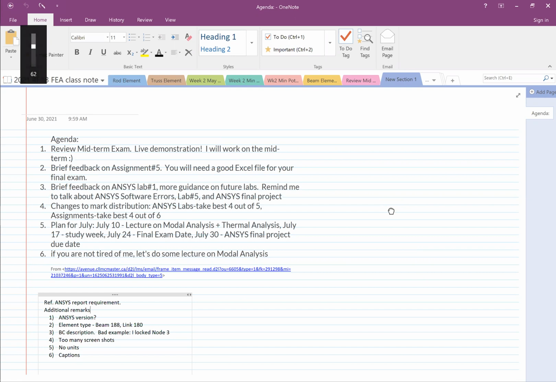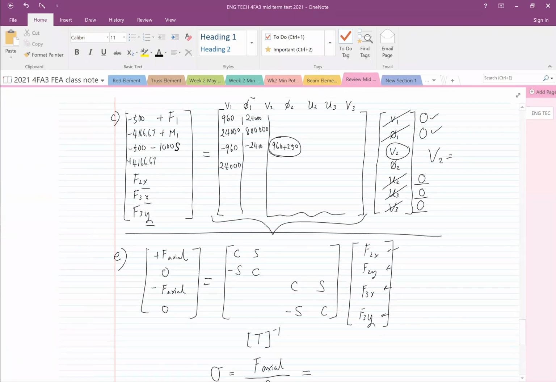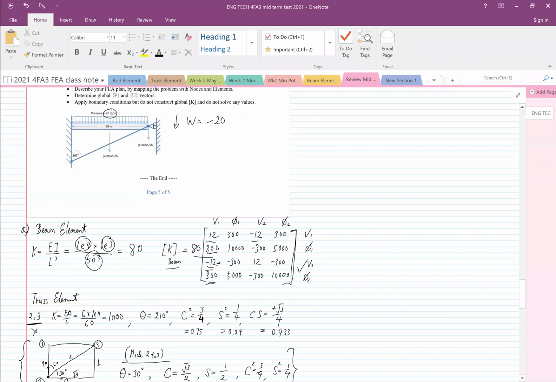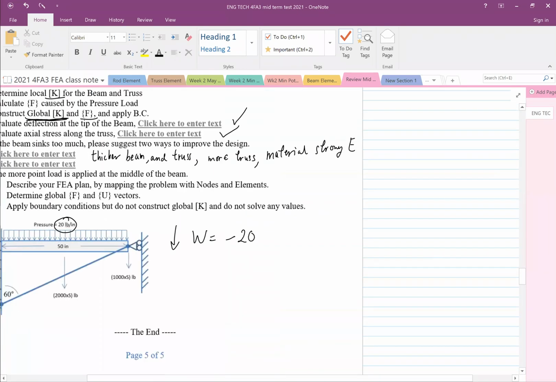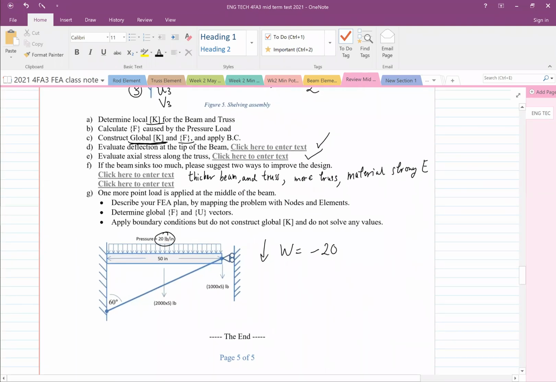Okay, can I ask you one more question? What is it? Tell me. For question 3, when you analyze the truss, right? Question 3. Sorry, 4. Oh, yeah. So I went from node 2 to 3, and I put the angle as 30 degrees, and you highlighted this as maybe incorrect. Where do you go from 30 degrees?